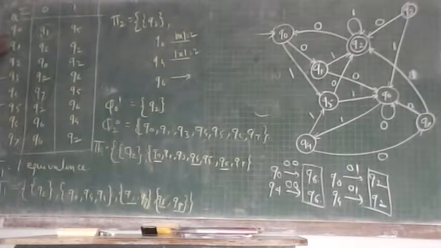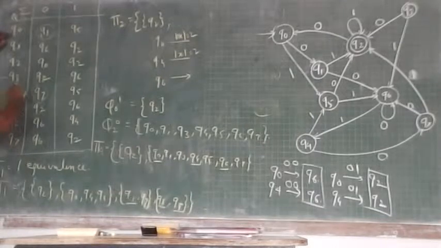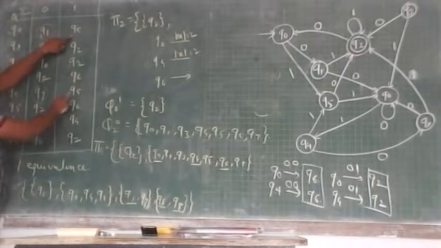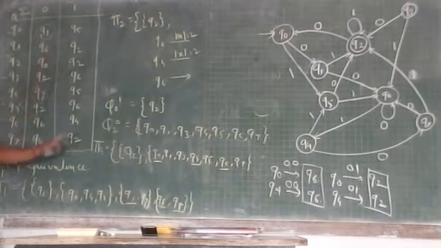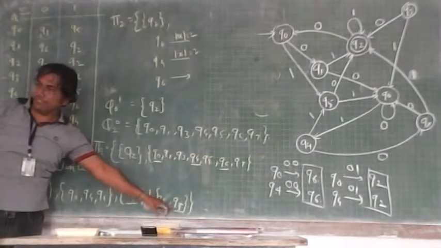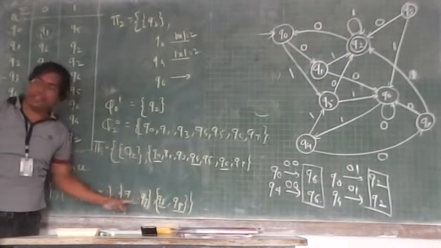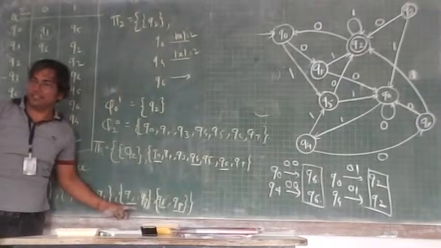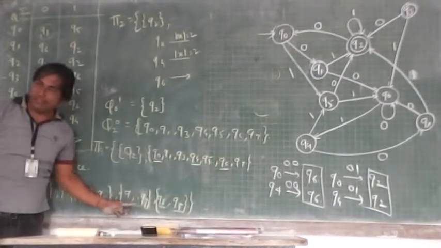And for Q0 and Q4, हम लोग Q1 Q4 देख रहे हैं ना? For 1 I am going to Q5, and that Q5 is in another partition. This is another state. इसको मान लीजिए एक स्टेट है. In this case, this is non-final.